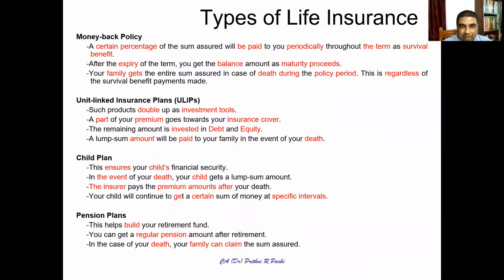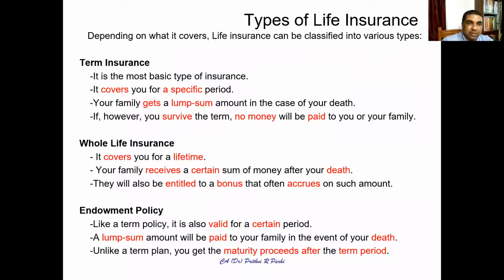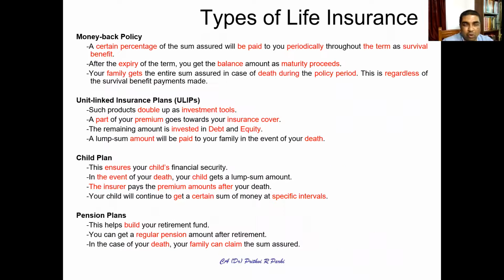This is about pension plan. So depending upon the need of the person, one can go for term insurance policy, or whole life policy, or endowment policy, or money back policy, or ULIPs, or child plan, or pension plan. These are the broad classifications. But if you practically see the website of any insurance company, there are so many companies in our country who are providing life insurance services.